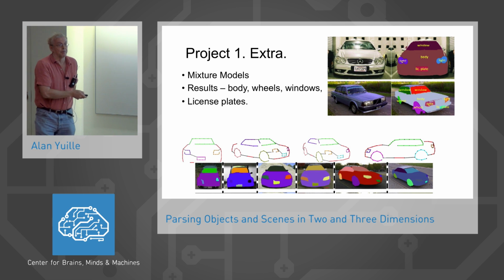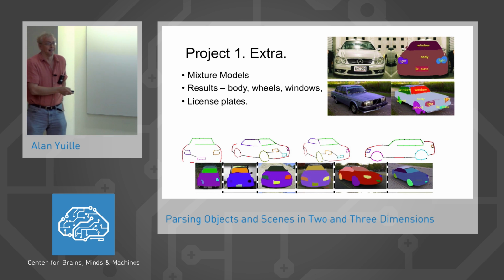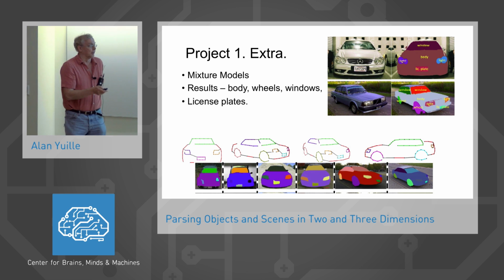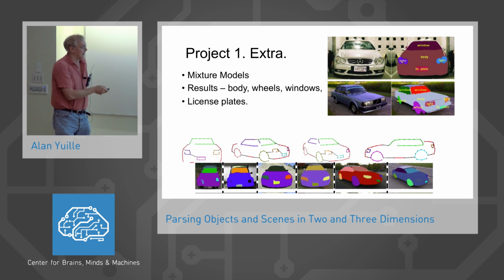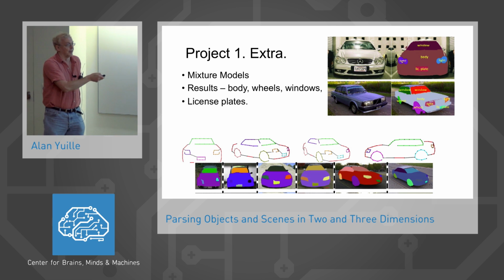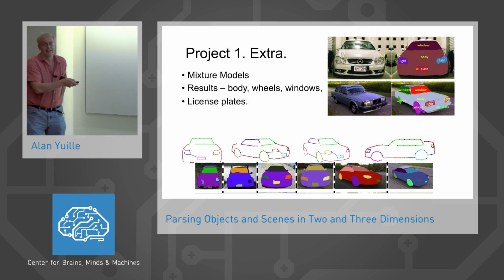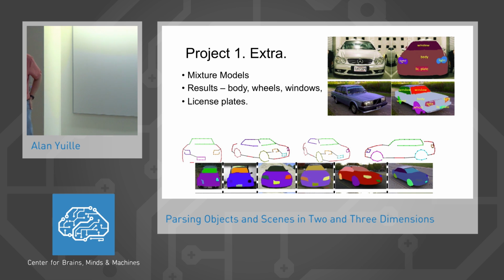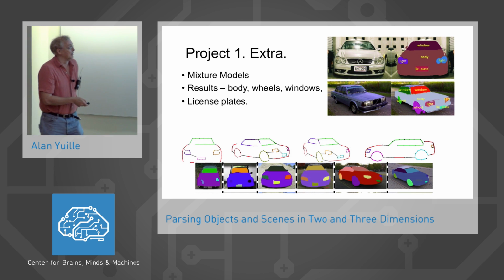One slide here I'm just putting up for Shimon Ullman in case he watches this, because he talked to me about doing this on cars. We also did it on cars, which is actually a bit easier because cars don't have nearly as much variability as humans do.